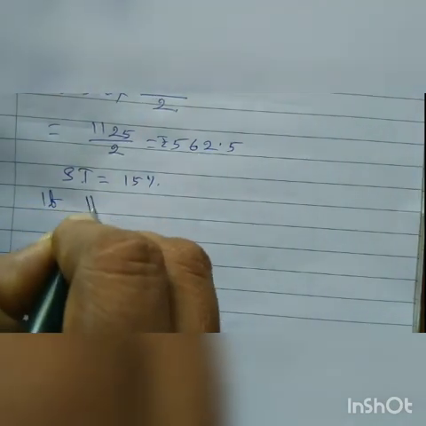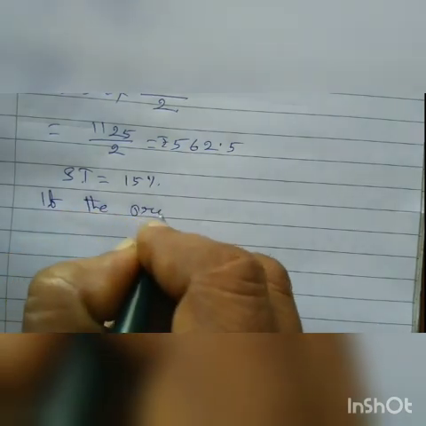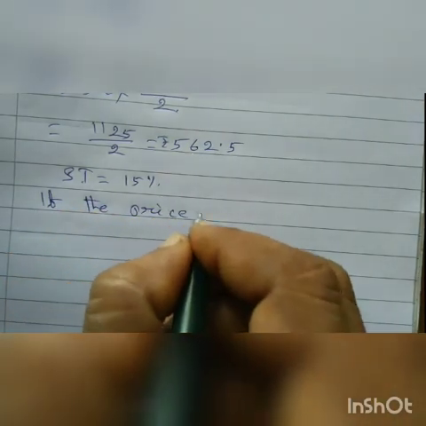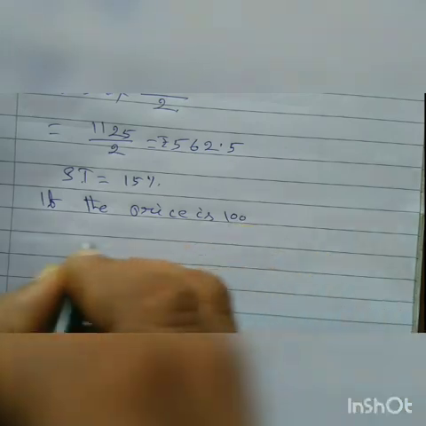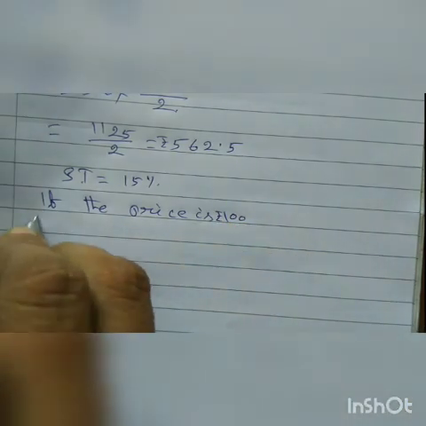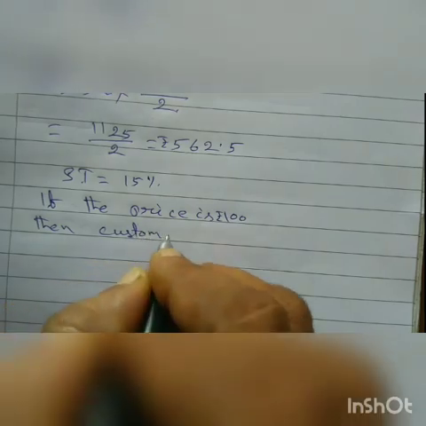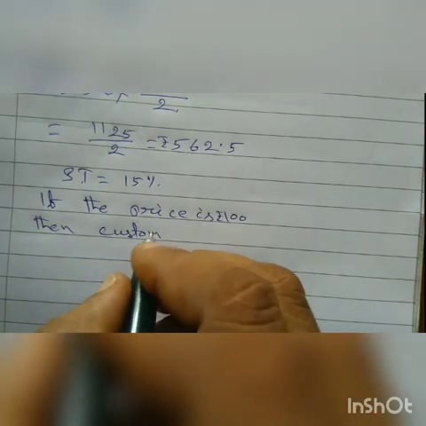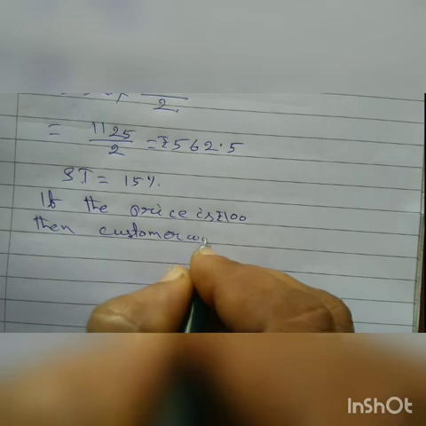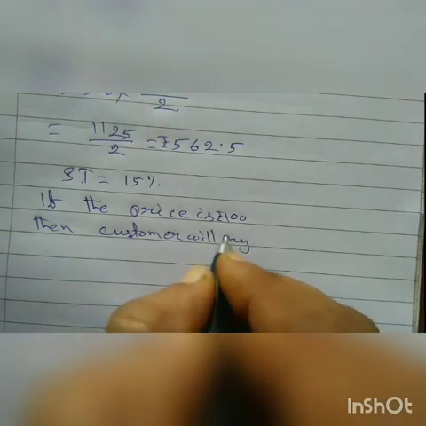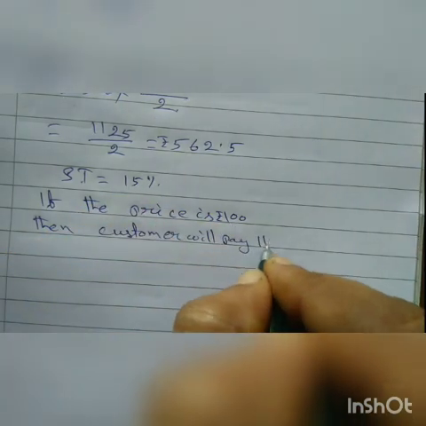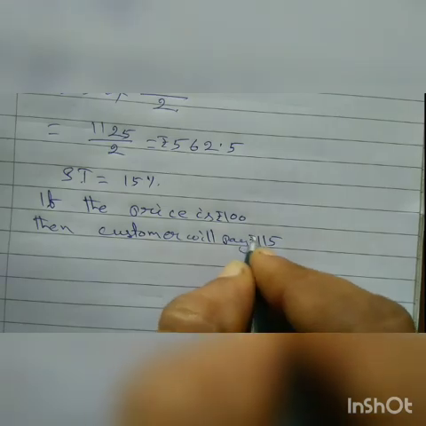If the price is 100 rupees, then the customer will pay 100 plus 15, it is 115 rupees.